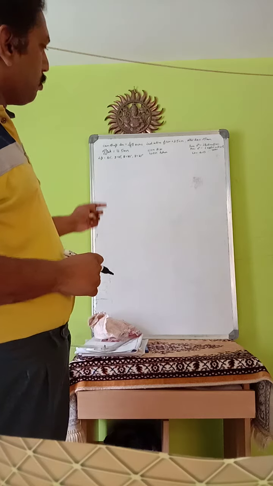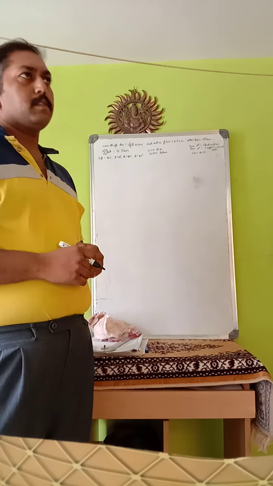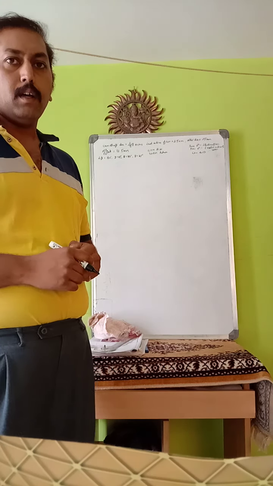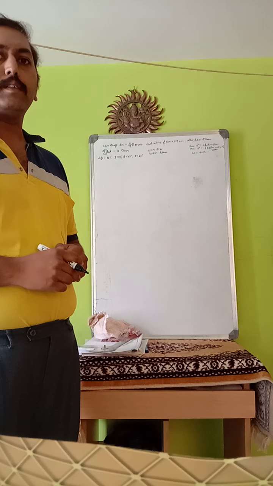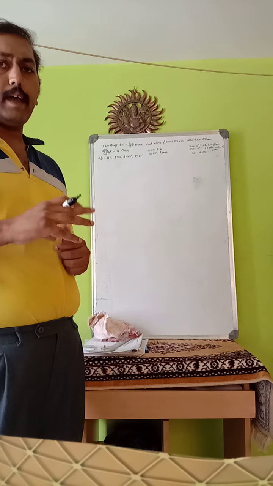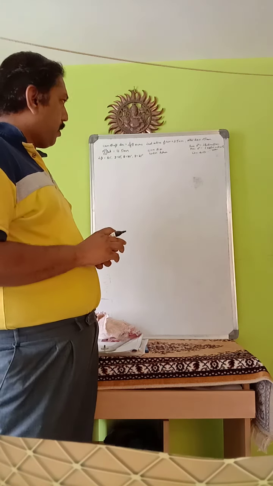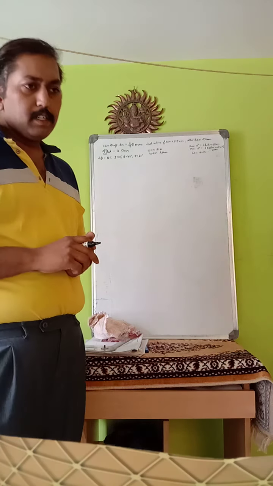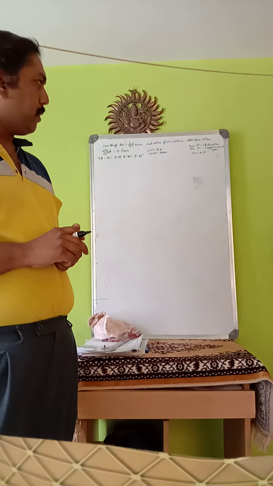So what is the data given? The given data comprises that the camshaft radius is 20 mm, so the camshaft diameter will be 40 mm, and the least radius of the cam will be 25 mm.